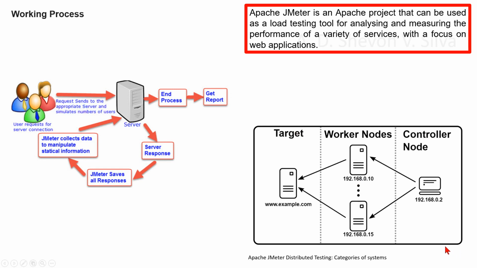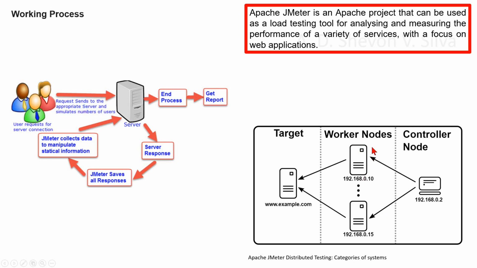Here we are considering categories of systems and terminology in Apache JMeter distributed testing. Here we define the terms and make sure the definitions are clear. The controller node: the system running the JMeter GUI, which controls the test.